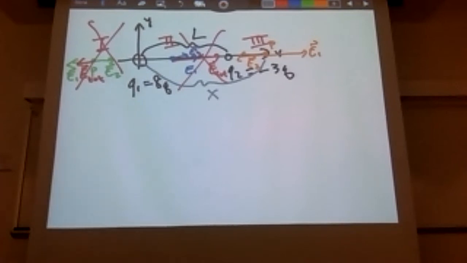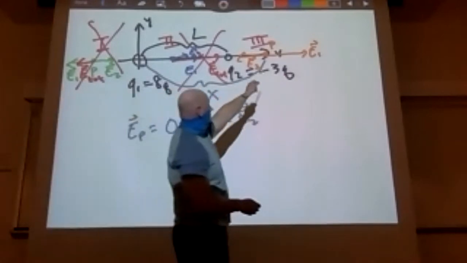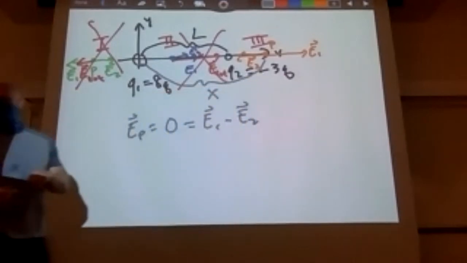So what this means is that the total electric field at point P is equal to 0, which is equal to E1 minus E2, because again, E1 here is pointing in the positive x direction, E2 is pointing in the negative x direction.